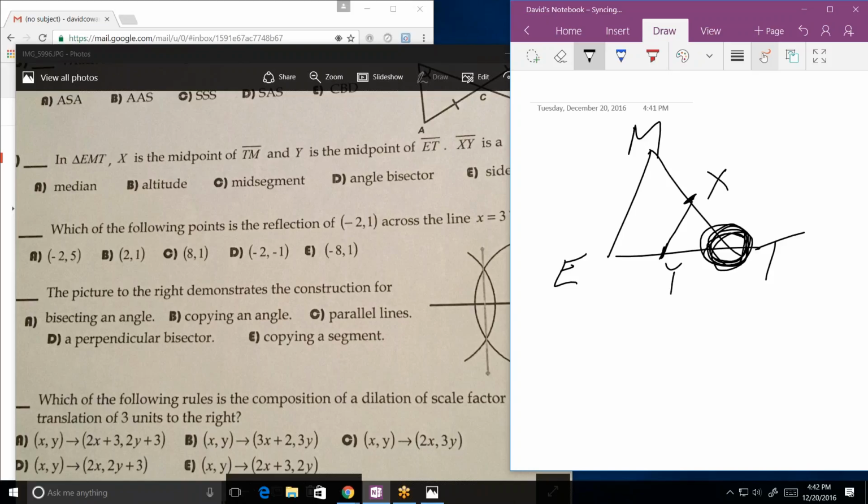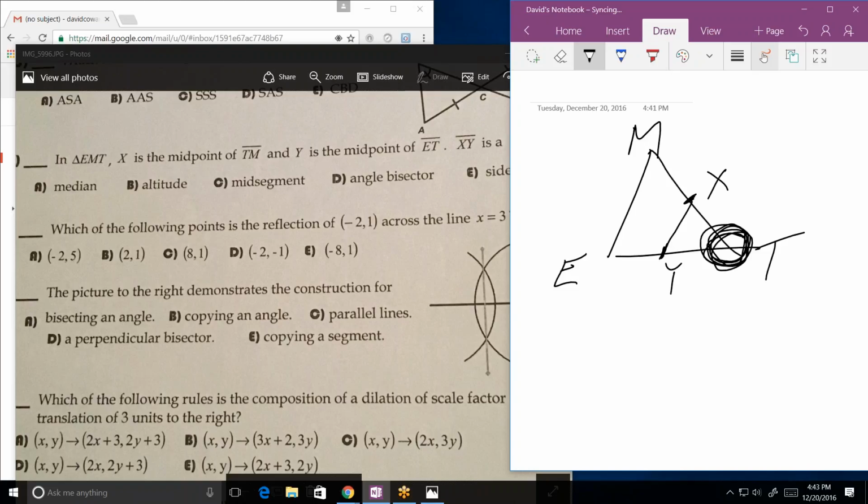No, but think about it. If you took the midpoint of EM, which is Z, you'd still be making a half-scale triangle, because you're taking half the points and making a triangle out of it. Right. Therefore, the sides are half as long, meaning it's dilated by 1/2. Right. Okay, yeah.